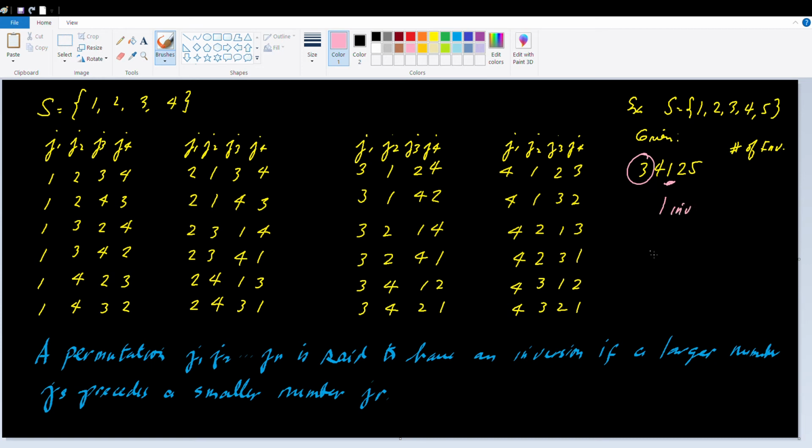Now 3 also precedes the number 2. Again, 3 is greater than 2, so that is another inversion. So for the number 3, there are 2 inversions, 3, 1 and 3, 2. How about the number 4?